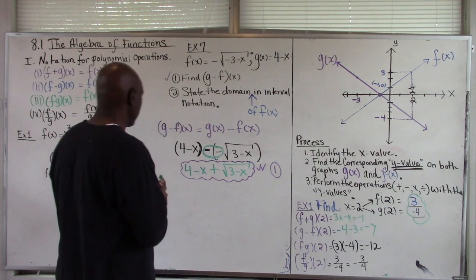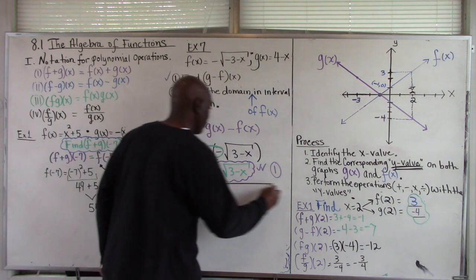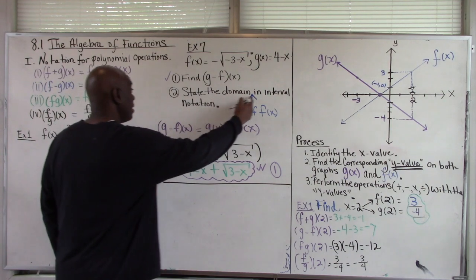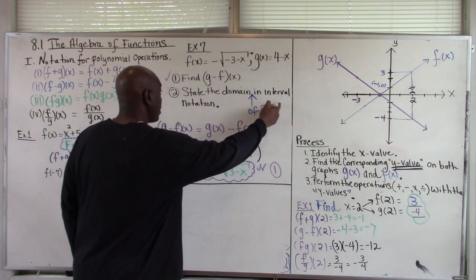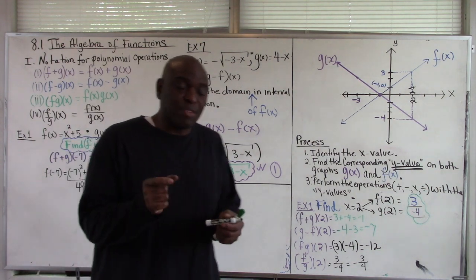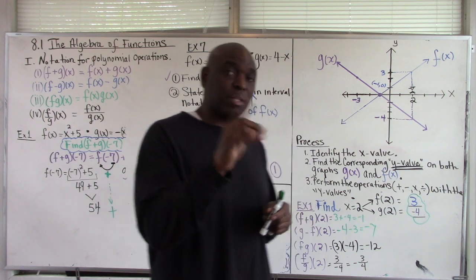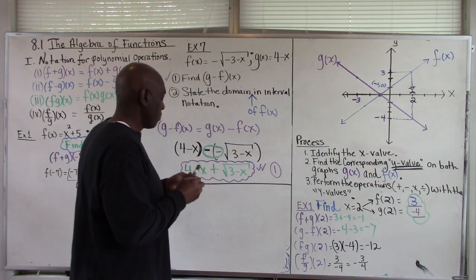Number 2. It says state the domain of f of x in interval notation. Well, if we want to state the domain, we have to go on the inside of the radical, the argument. That's what gives us our domain, right?